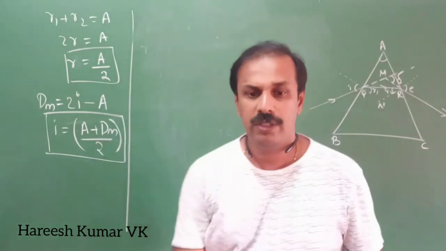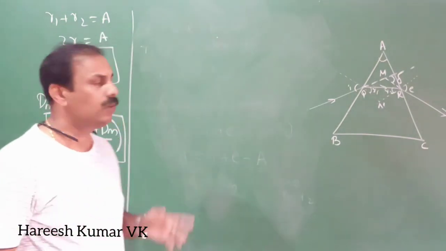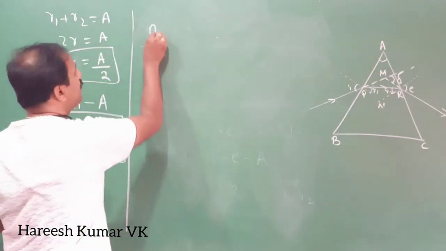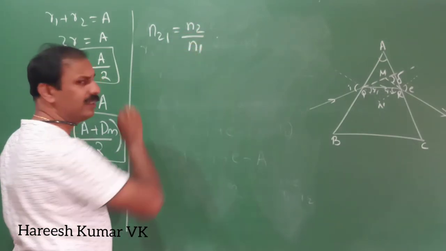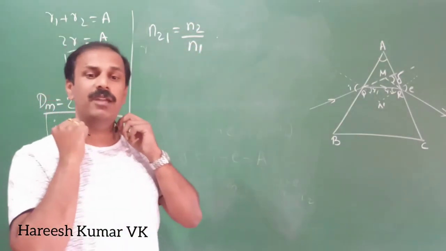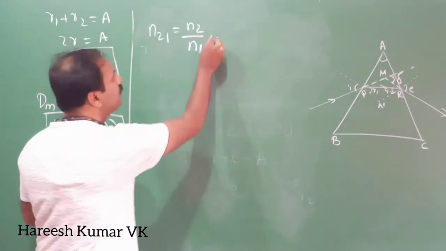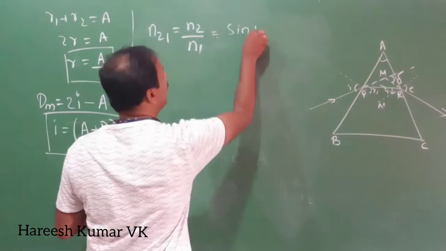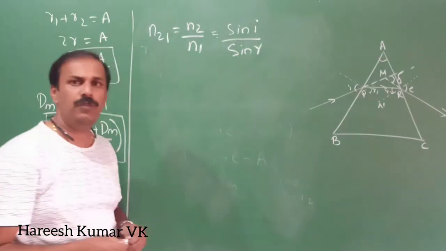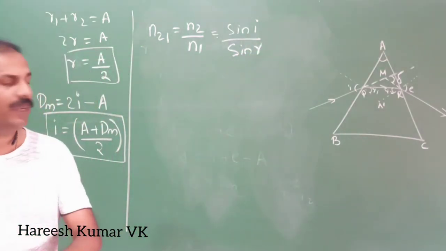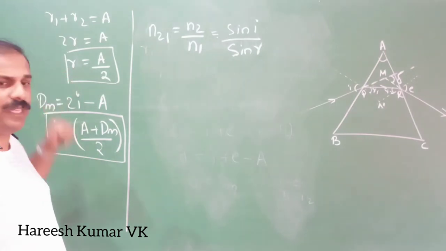So if you take Snell's law, what it says, n21, which is n2 by n1, is given by sin I by sin R. So if you apply sin I by sin R here, I and R are already given here.